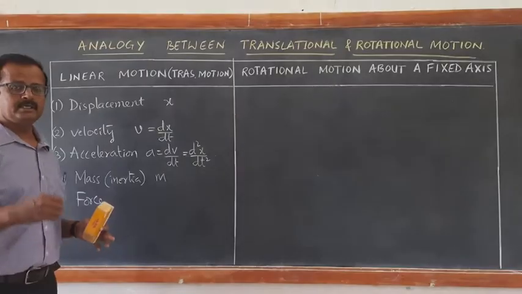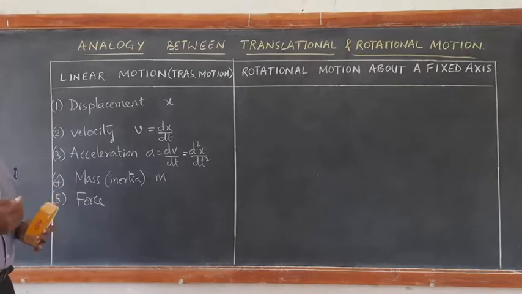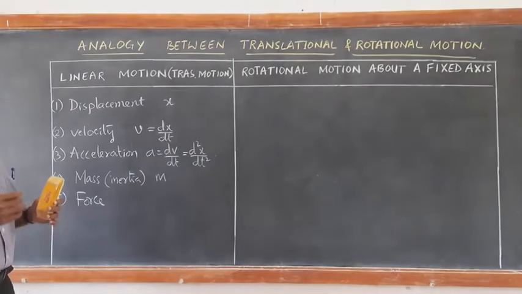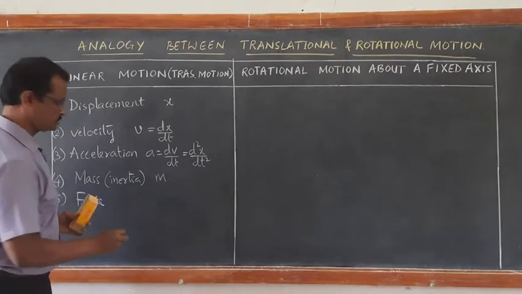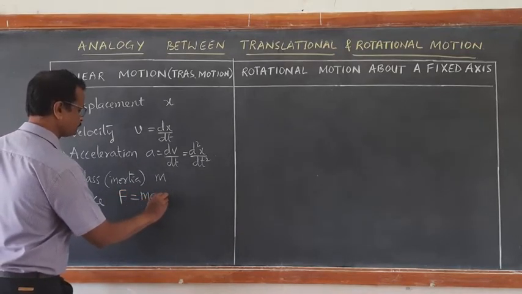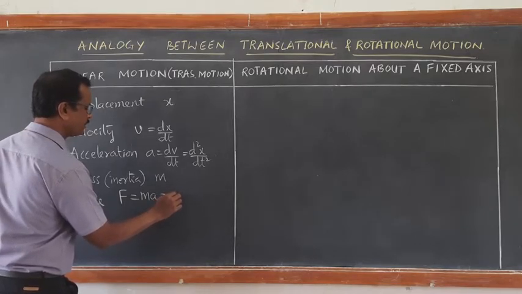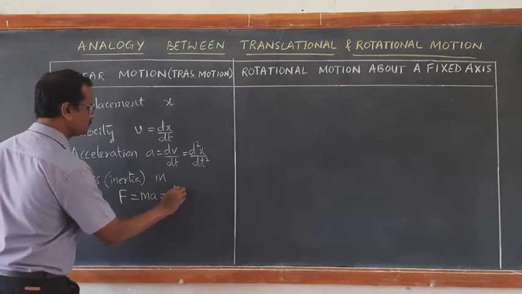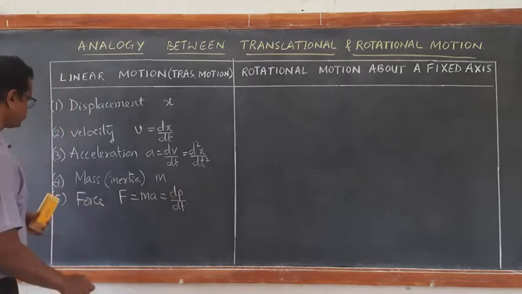Until these four concepts, displacement, velocity, acceleration, and mass, we learned them as part of kinematics. Later on we learned the causes of motion as dynamics. In dynamics we learned about force. Force is equal to mass into acceleration, that is m into dv by dt, or it is also written as dp by dt, the rate of change of linear momentum.